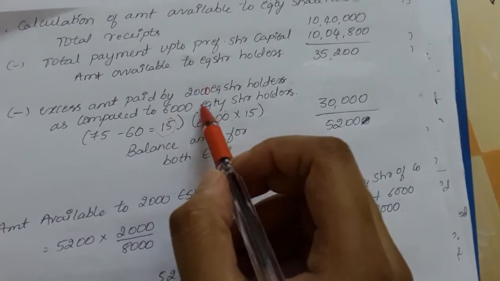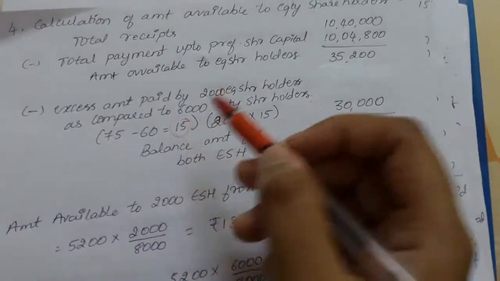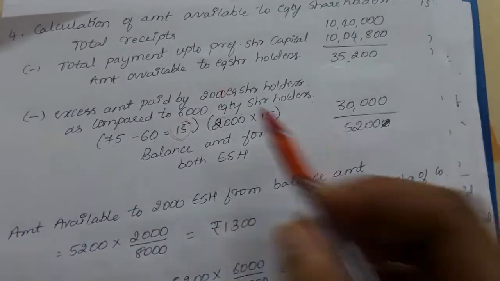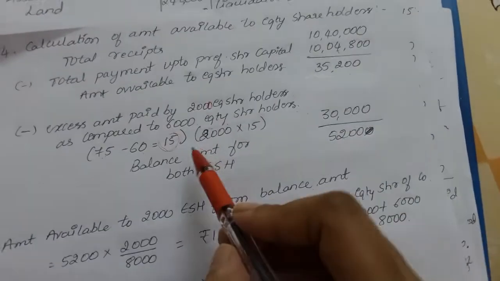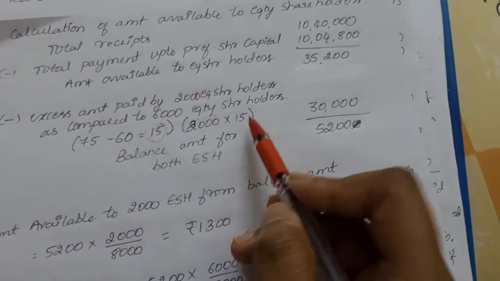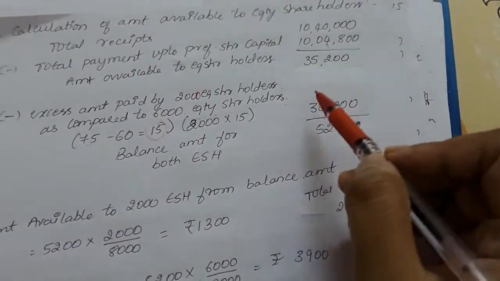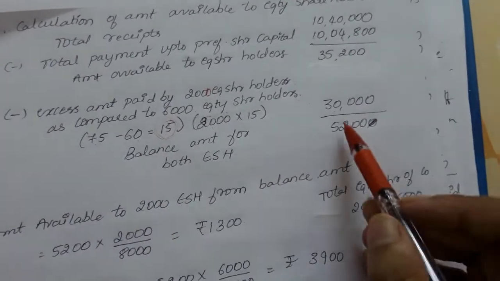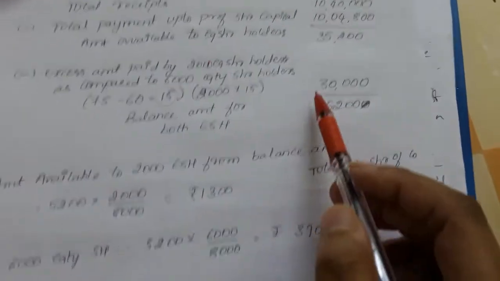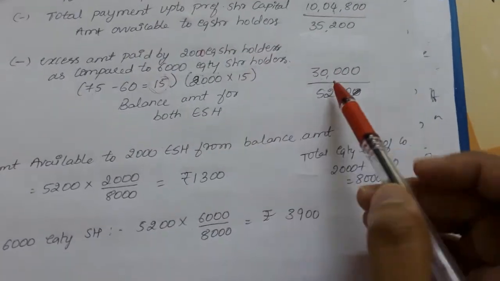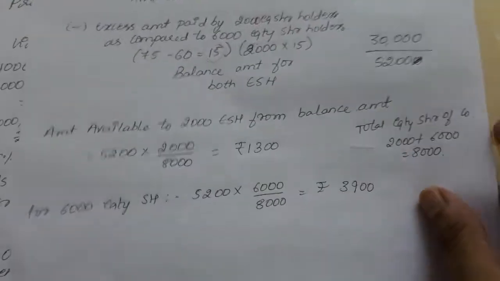We will pay this back first to make them equal. 2,000 multiplied by 15 is 30,000. From the 35,200, first we pay the excess they paid, 30,000. The remaining value is then divided between both equity shareholders.